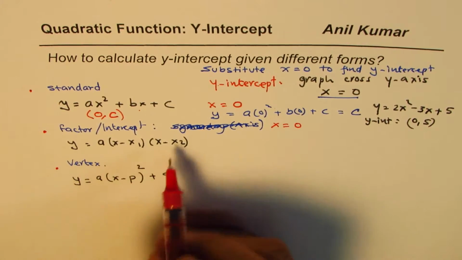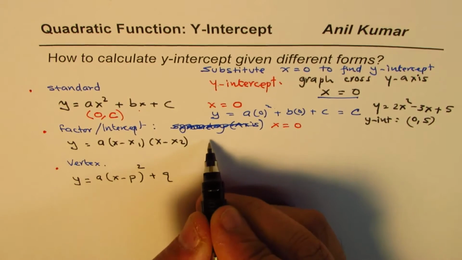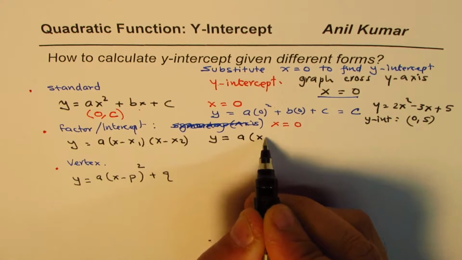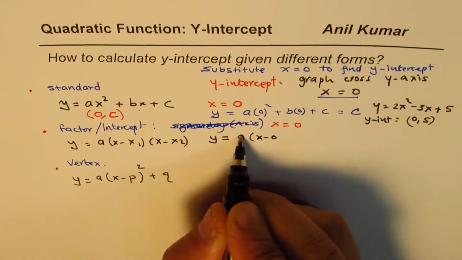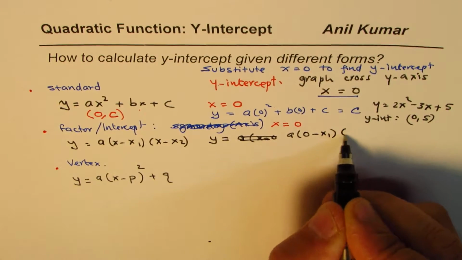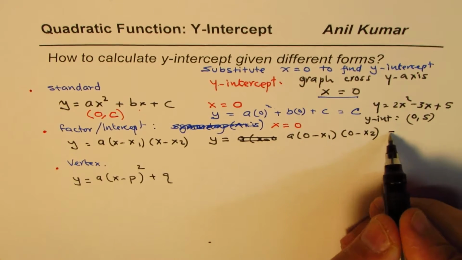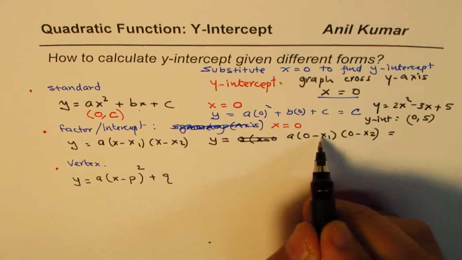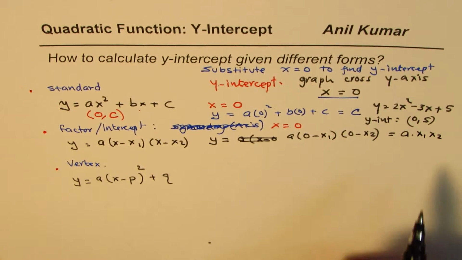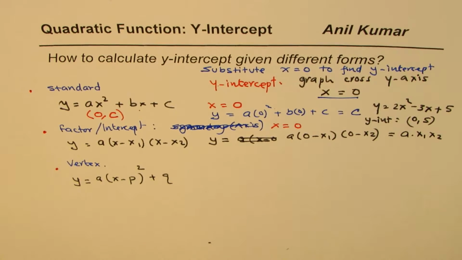So if I write x equals 0 here, what do I get? I get y equals a times (0 minus x1) times (0 minus x2), right? So it becomes the product of these two, positive. So a times x1 times x2. Do you get an idea? So the product of these times a gives you the y-intercept.